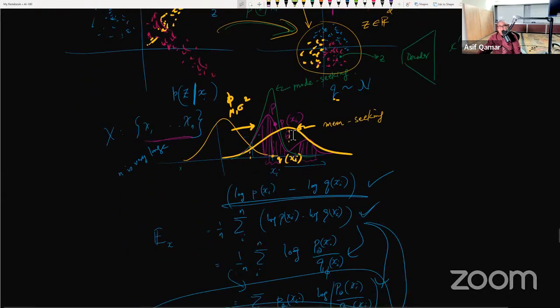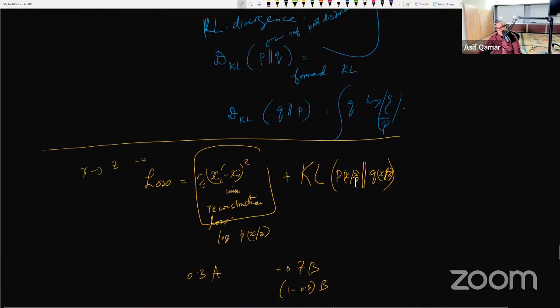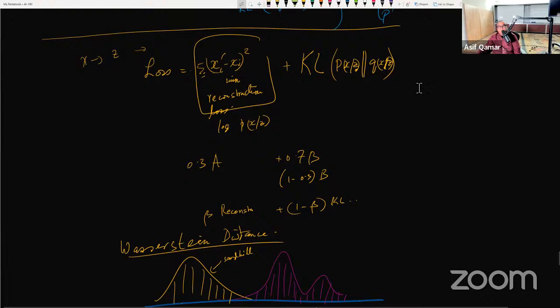Now, we talked about the forward KL and the backward KL. The forward is mean seeking, the backward is, and so on and so forth. We are not going to rehash that territory again, but the bottom line is if you write your loss function roughly speaking like this, then you have the best of both worlds. You have good reconstruction loss, reconstruction of the data. At the same time, the distribution looks fairly compact around the origin.